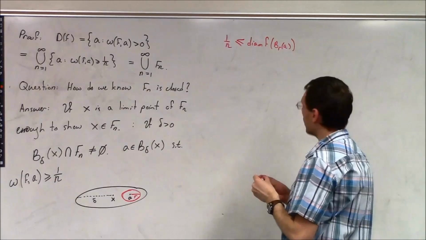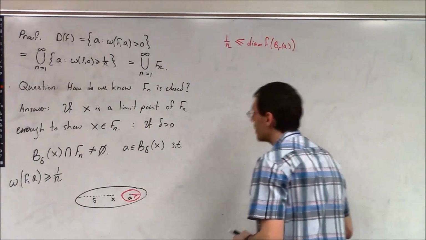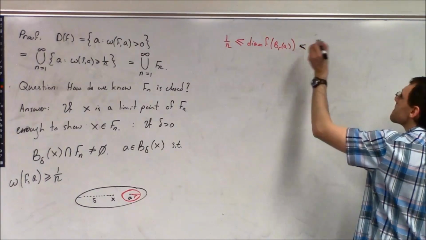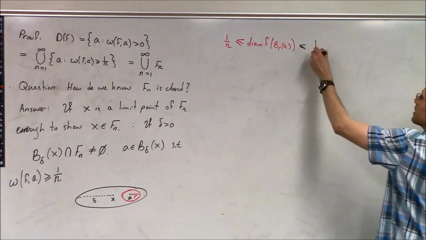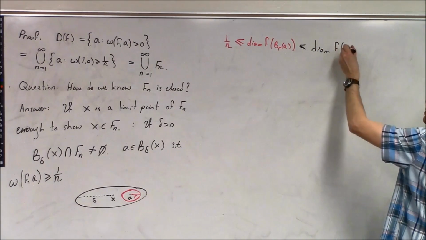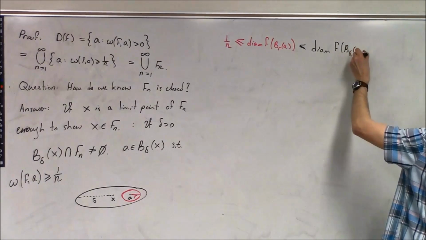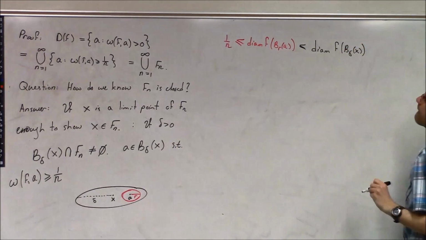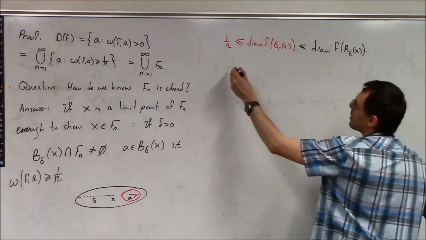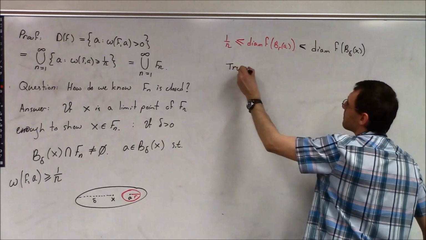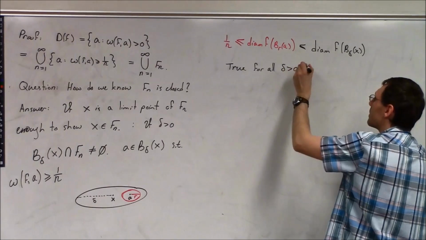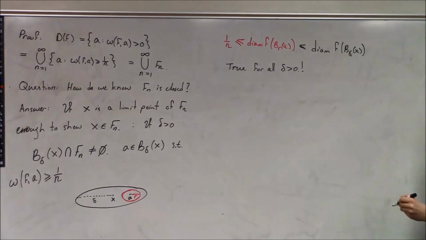Now the diameter of the ball only decreases. So this is less than or equal to the diameter of f applied to the ball of radius delta centered at x. And this is true for all delta. That's very important, that it's true for all delta bigger than 0.